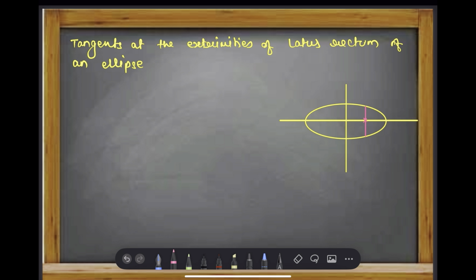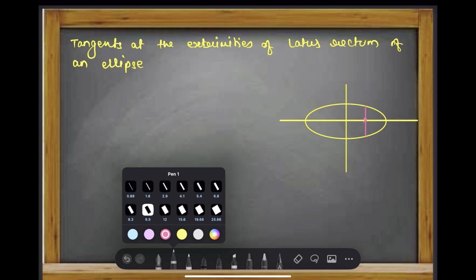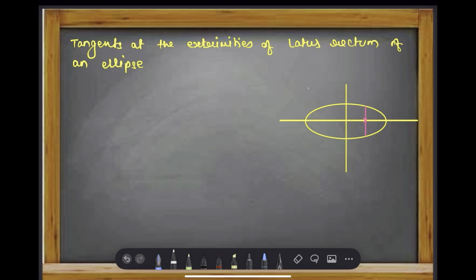Okay, so you know that an ellipse is a symmetric thing. So suppose that if we want to drop a tangent to this point, it will meet somewhere. I want to drop a tangent at some point, it will meet here. So I am interested in finding this point of intersection.